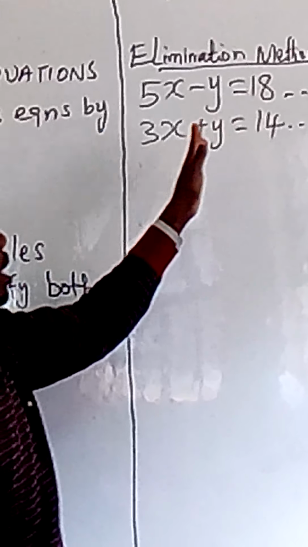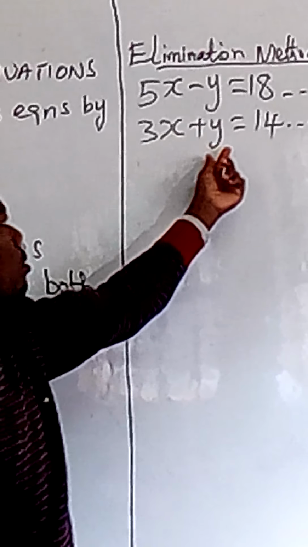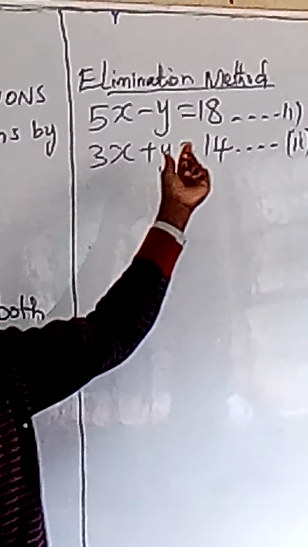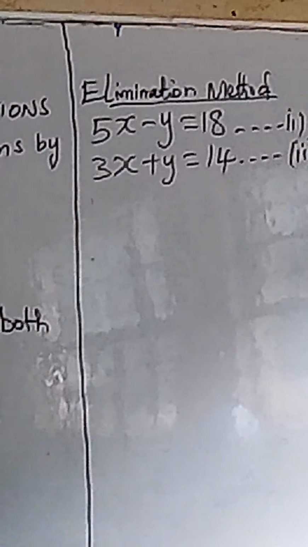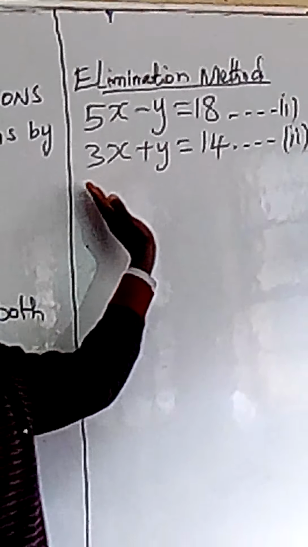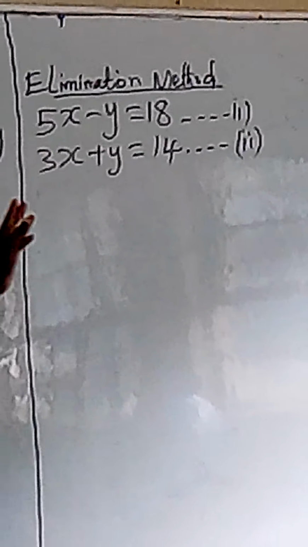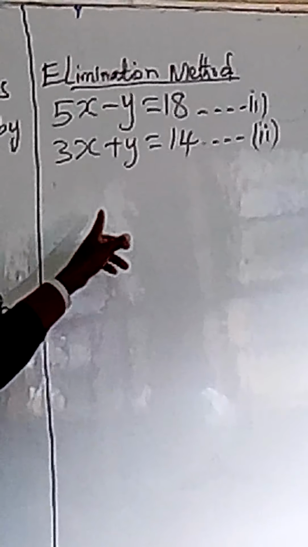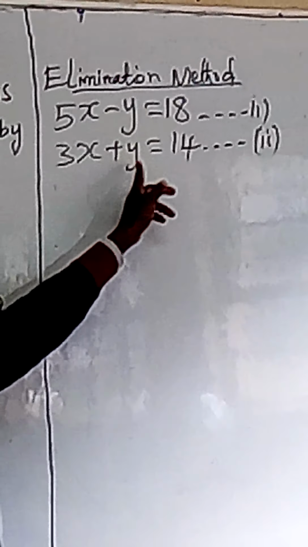Equation 2 has the same unknown value x, unknown value y, and we need to find their real values. We are going to solve them at the same time. That's why we are saying we are solving them simultaneously. The answers they will give us will satisfy each of these two equations.